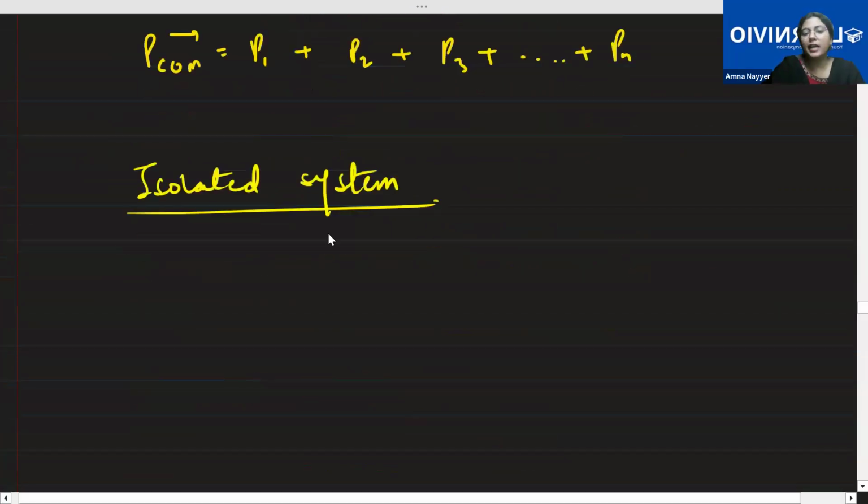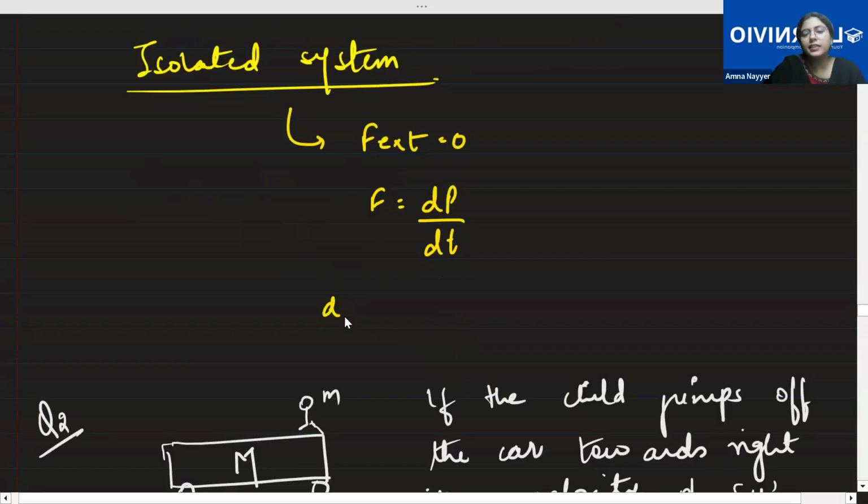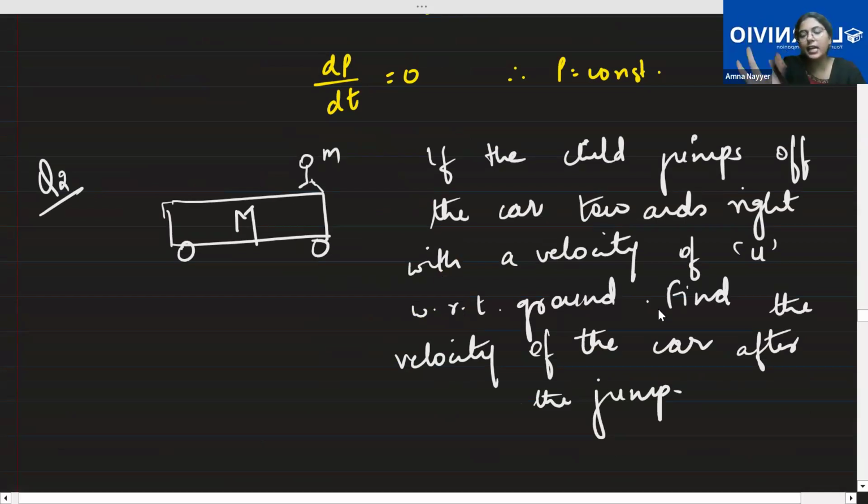Okay, so when we talk about an isolated system, it means no external forces. So F is equal to the rate of change of momentum. If F external is 0, then this rate of change of momentum will be 0. Hence, momentum is constant. Now, a very basic, easy question, and this will complete the entire portion of center of mass in the translation part.